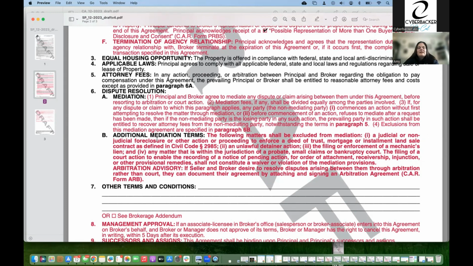If for any dispute or claim to which this paragraph applies, any party commences an action without first attempting to resolve the matter through mediation, or before commencement of an action refuses to mediate after a request has been made, then if the non-mediating party is the losing party in any such action, the prevailing party in such action shall be entitled to recover attorney fees from the non-mediating party, notwithstanding the terms in paragraph 5. Exclusions from this mediation agreement are specified in paragraph 6B. Right? We're agreeing to mediation, not necessarily arbitration.